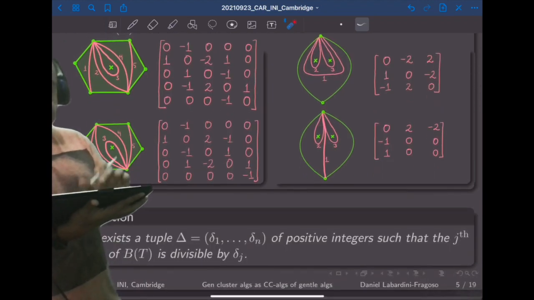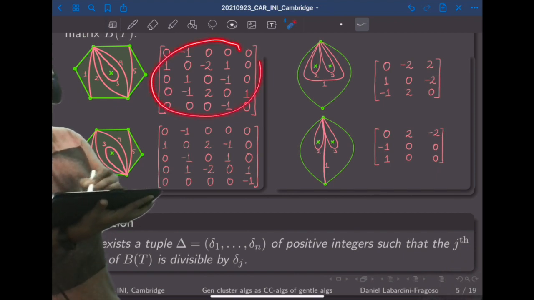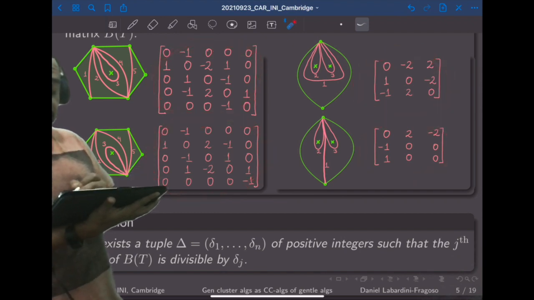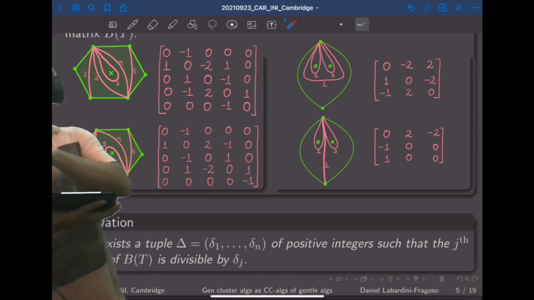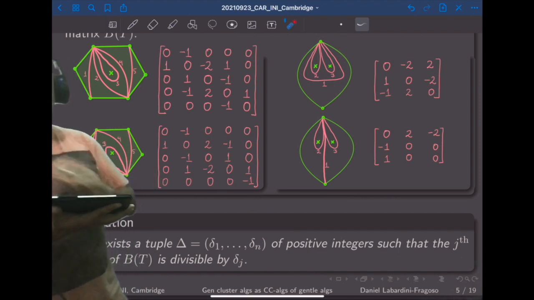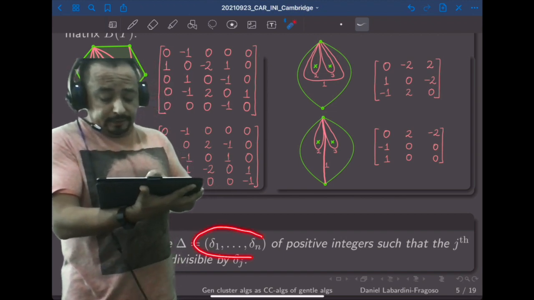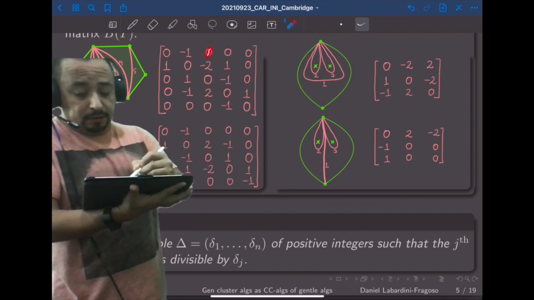And here comes an observation, a crucial observation, which is that not only are these matrices skew-symmetrizable, and I think about the skew-symmetrizer as skew-symmetrizing it on the left, but also there exists a tuple of positive integers such that column j is divisible by the corresponding integer.